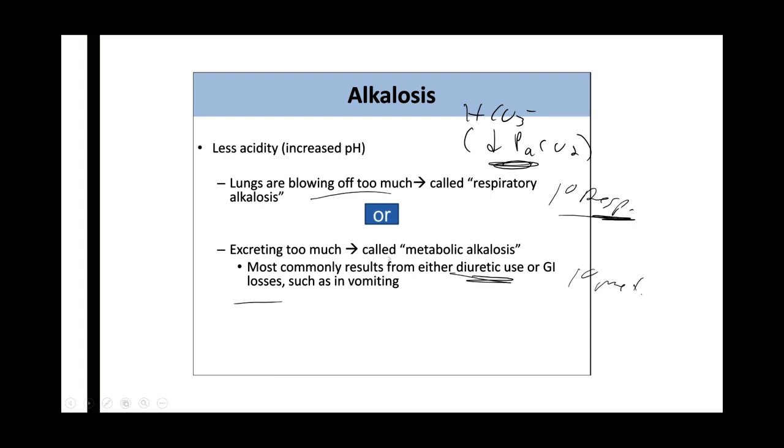These are Dr. Harp's slides. This is most commonly referring to cases of vomiting, where you're losing hydrogen ions, which are acidic, and that can cause alkalosis.